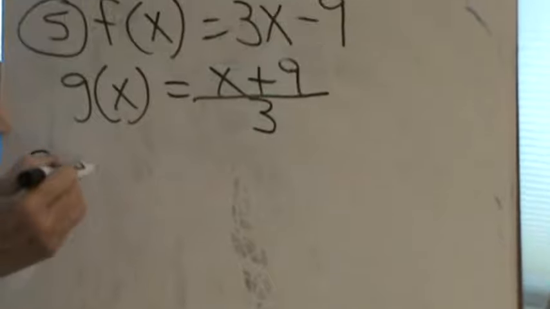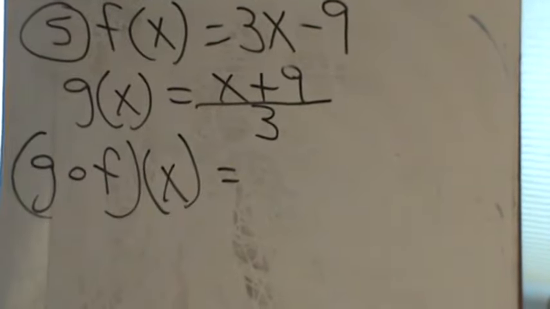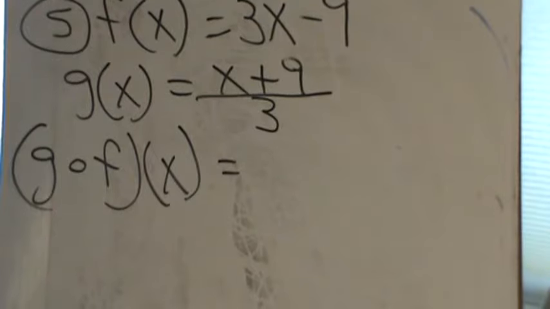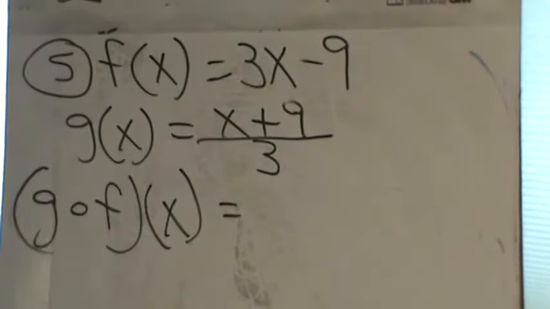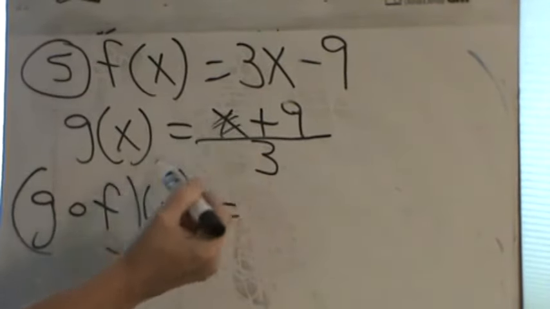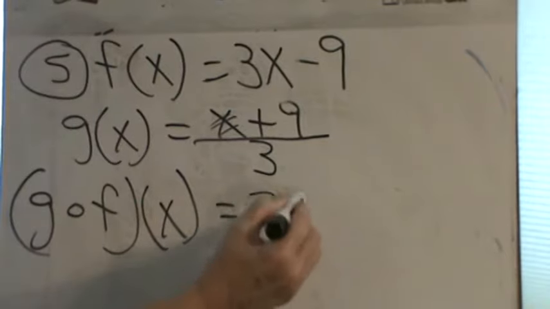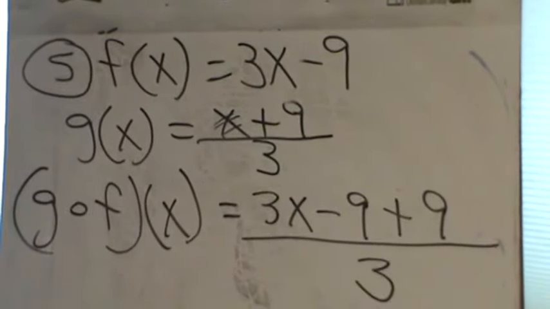They're going to ask you to find g of f of x. Which means put the f problem in place of x. So you'll have, don't put your x anymore in the g, put your 3x minus 9 plus 9 divided by 3.